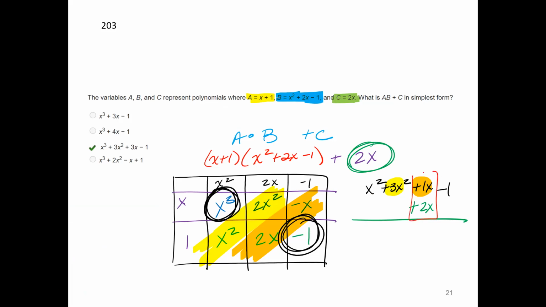I know that when I add this, it's going to give me a 3x. You just bring down everything else, so nothing changes. And that's your answer. That's it right here. This is kind of a long question, okay? It requires a little bit of work. But you guys are super smart, so I know that you'll be able to do it.